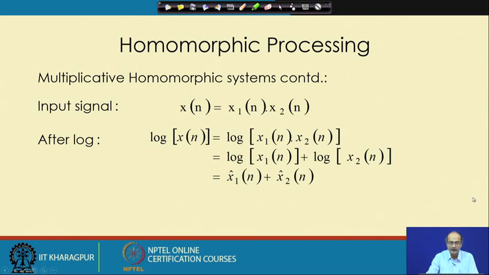As we take the logarithm of the signal x n and replace it with these two multiplicative constituents x 1 and x 2, we can write them as additive terms after taking the log. What was a multiplicative term previously now becomes additive, and we get x 1 hat and x 2 hat in a complex notation.